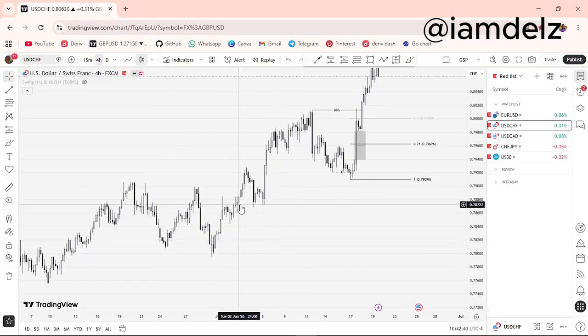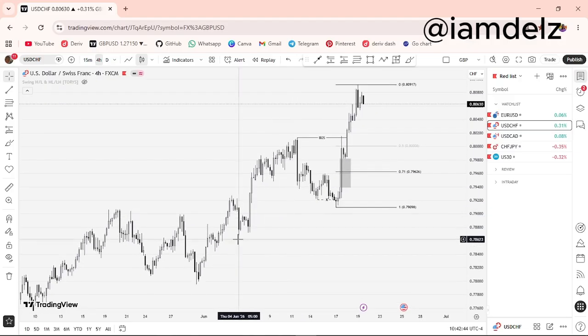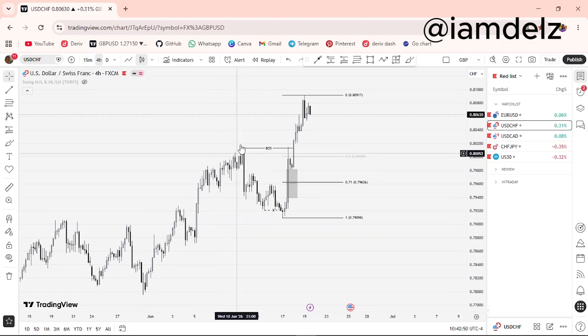I can see that we don't have a sweep before the break of structure. That's because it's not necessary to have a sweep in a continuation setup. But looking at this whole range, before price broke structure, it gave us a sort of sweep right at this low. That's an added confluence for us.